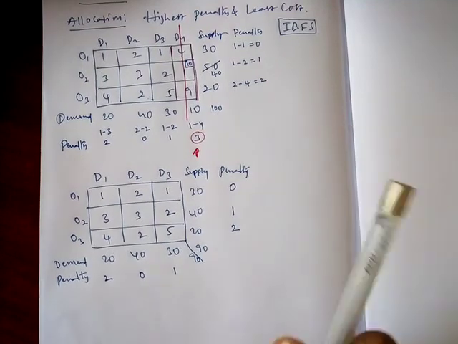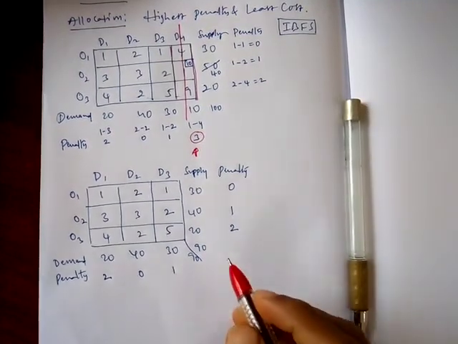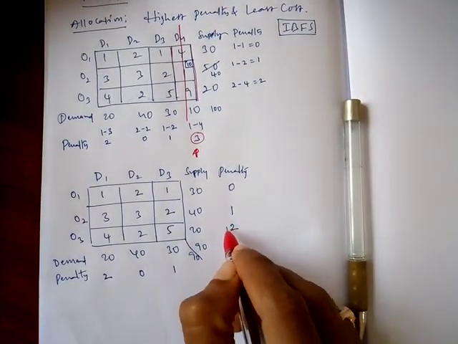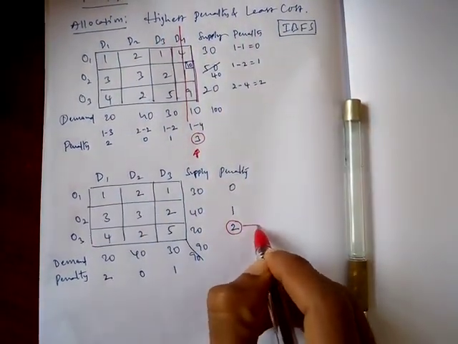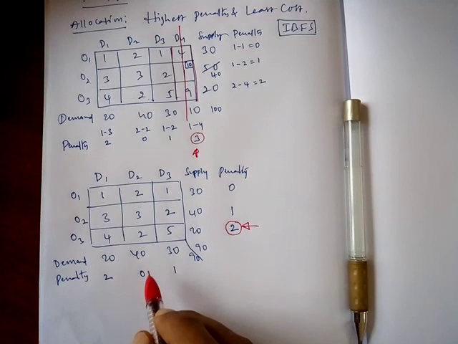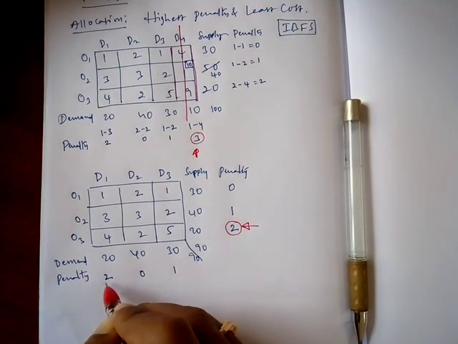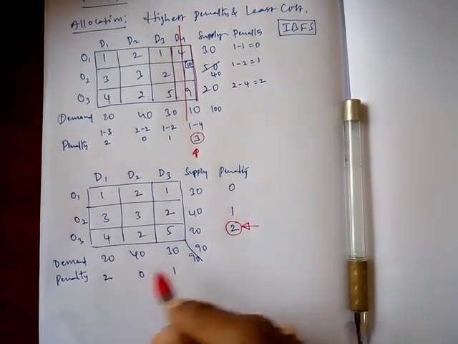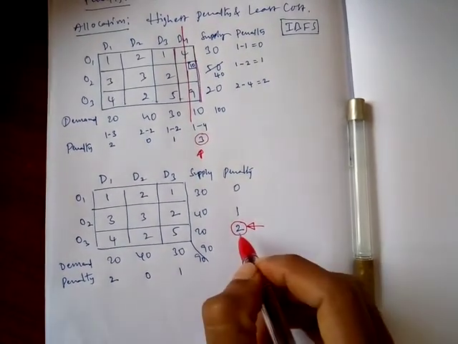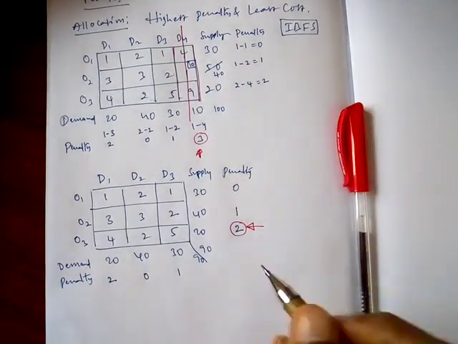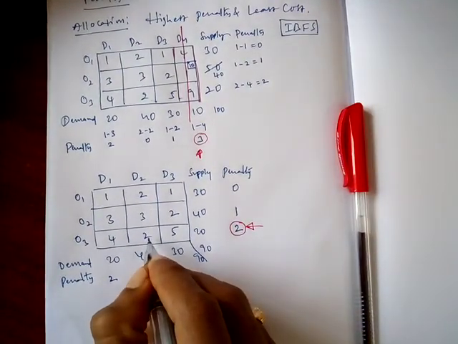Now where to allocate? This is the highest penalty and least cost, and of course here also we have the highest penalty. Out of these two we can choose anything arbitrarily. I am choosing this, with the highest penalty, and the least cost is 2.